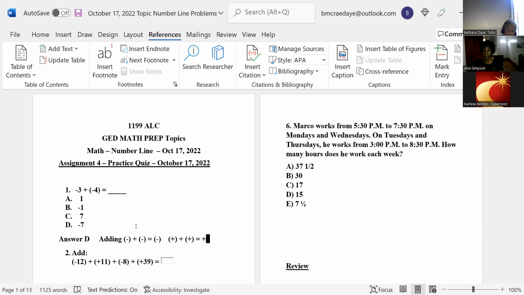You have to subtract, and then you put the sign of the number that has the greater absolute value. Another way of saying that is the more negative you have, then your answer is going to be negative. So if you add a -7 and a +2, what do you get, Alva? You get a negative.